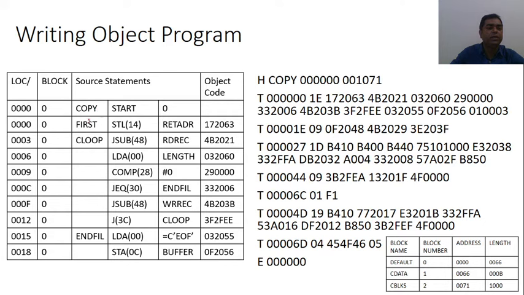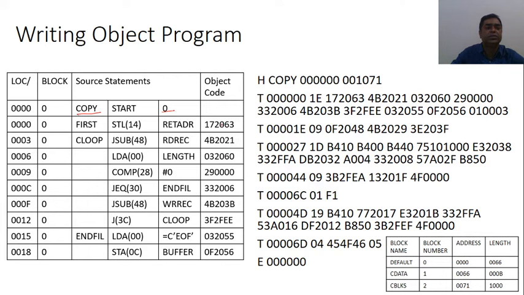Here you can see the name of the program is COPY and the starting address of the program is 0, and you are given this program, and already you have calculated the object code corresponding to each and every instruction given in the assembly program. Now the task is how to write the object program by using these object codes.